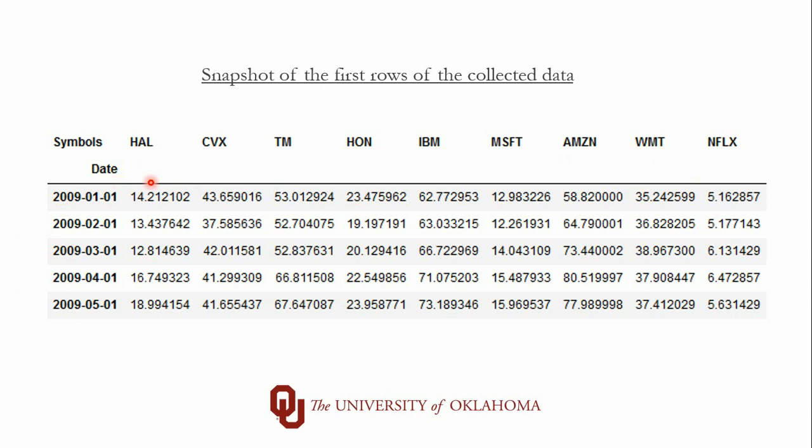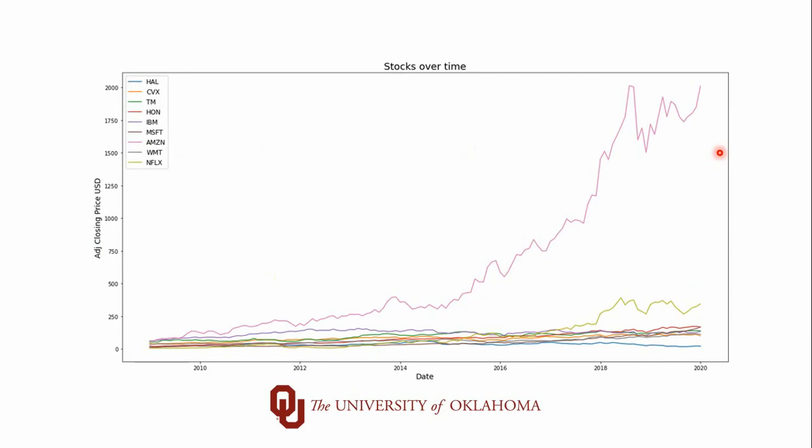We have energy, industrials, information technology, consumer discretionary, consumer staples, and communication services. So that is something good considering the diversification concept, and we'll later come back to that.